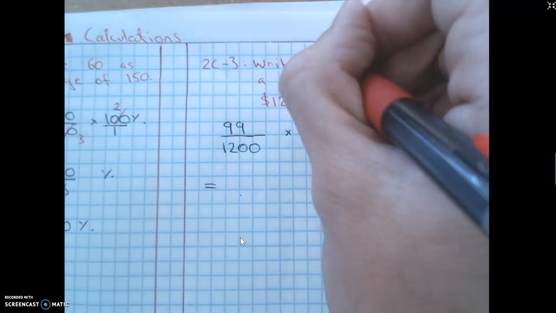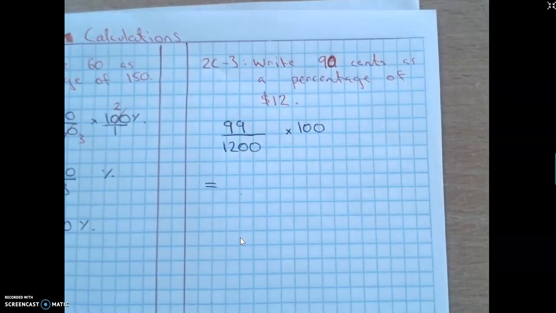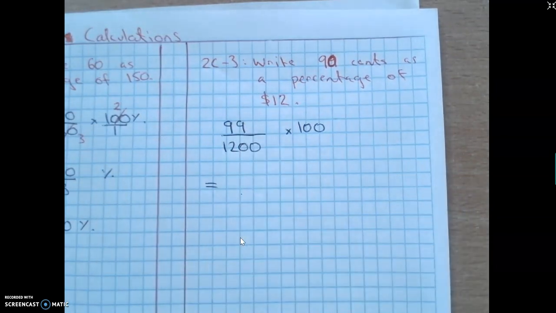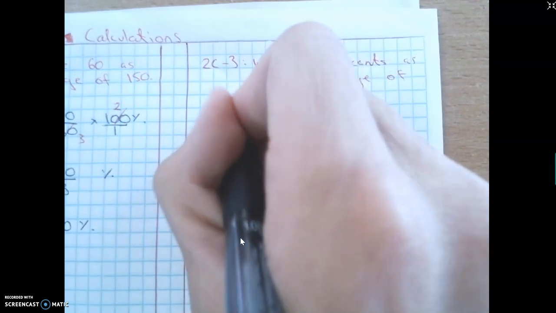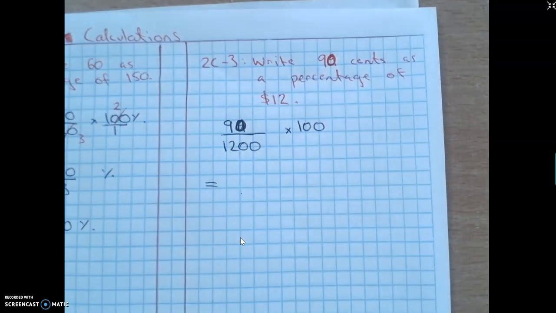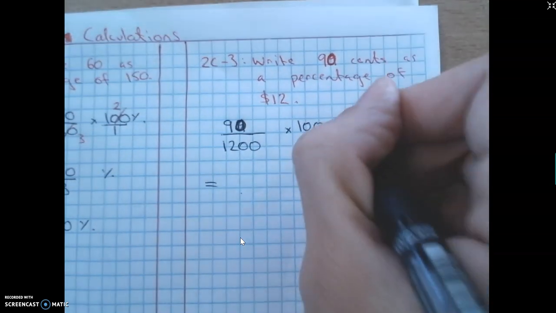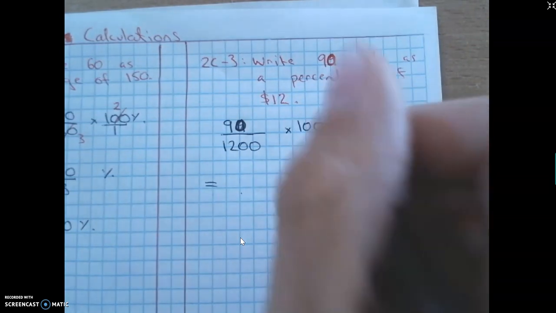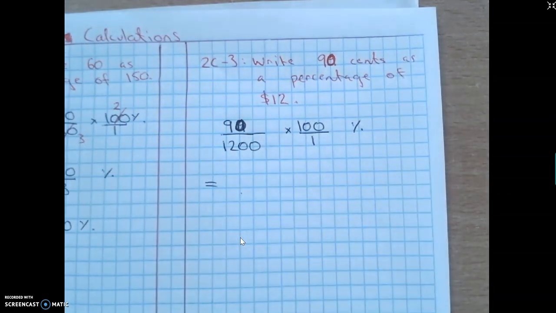So just a correction, this should be 90 cents out of $12. So therefore, this 99 becomes 90. Alright, so we should have 90 over 1,200 cents times 100. And remember, this is going to give us a percentage. Same thing, write the 100 as a fraction over 1, and then we can do some cancellation.